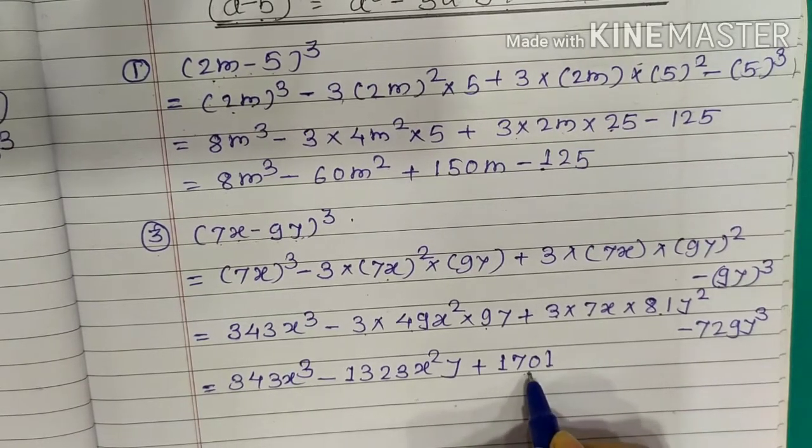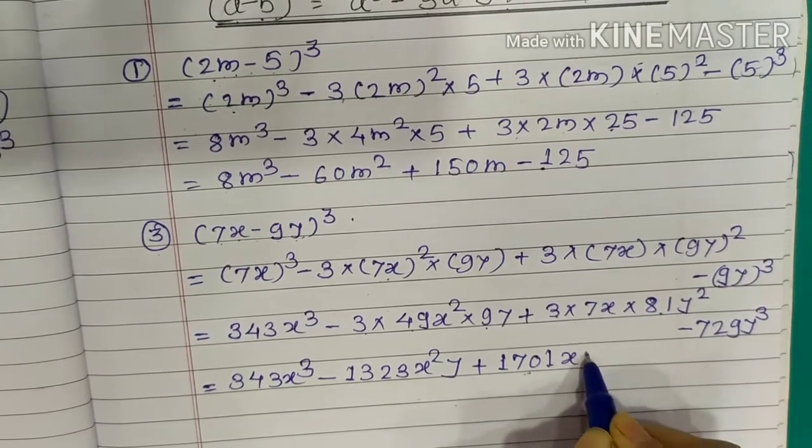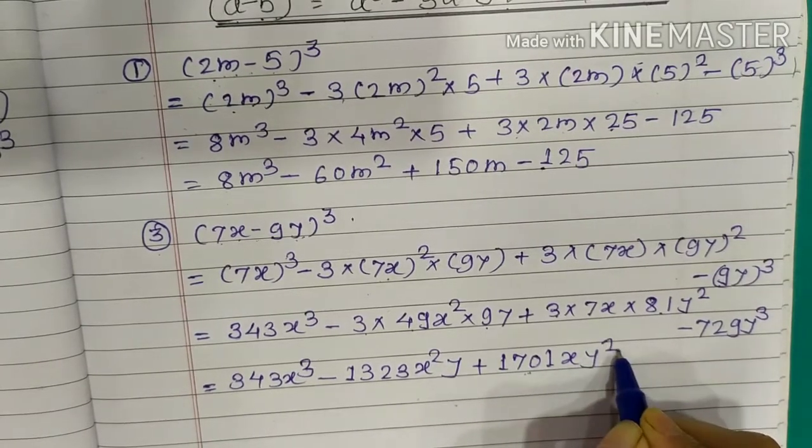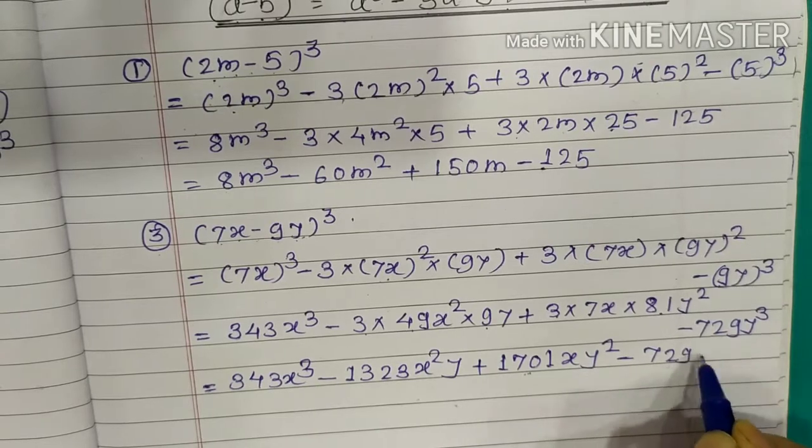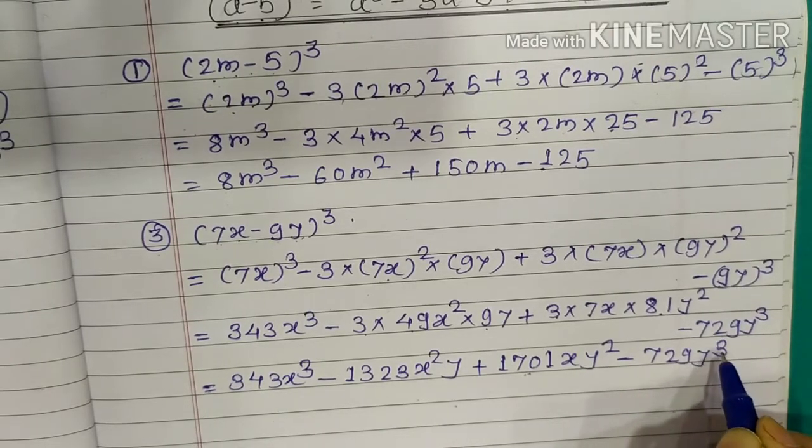You make this multiplication rough in your notebook. xy square minus 729y cube.